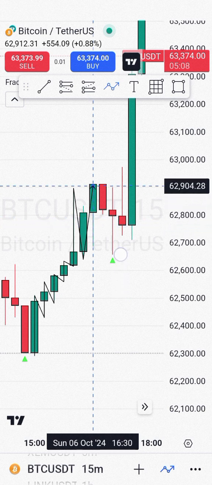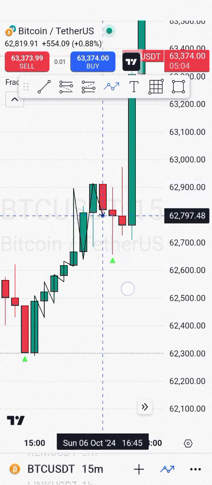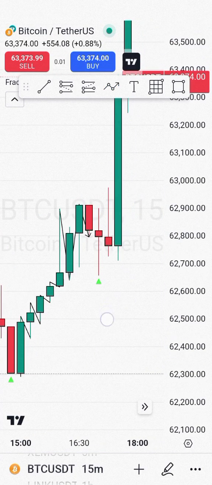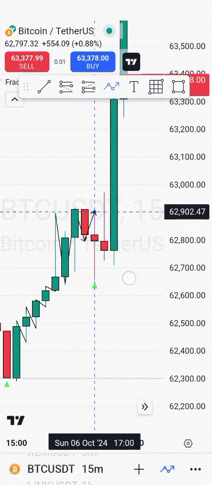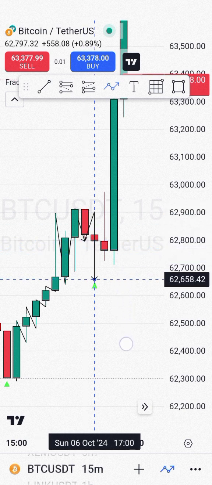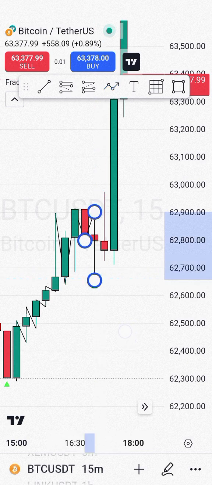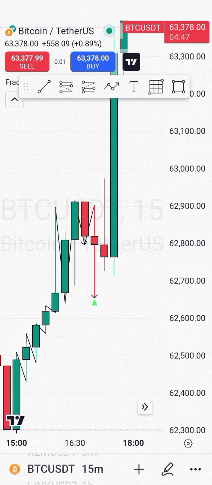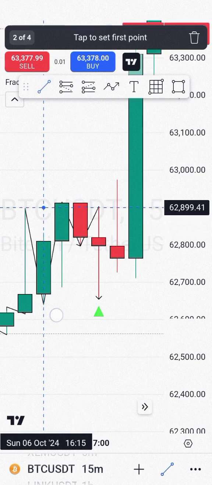It's taking out the high of the previous candle. Then we now get to a situation where we have a candle that takes out the low of the highest candle right here. So this is a valid pullback because it went below the low of the highest candle.